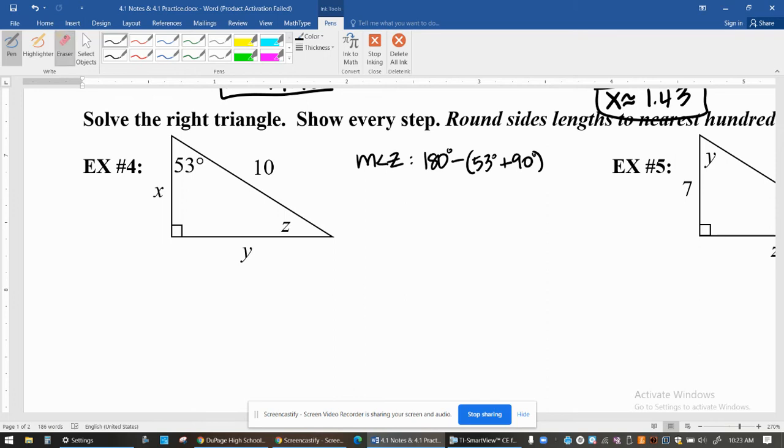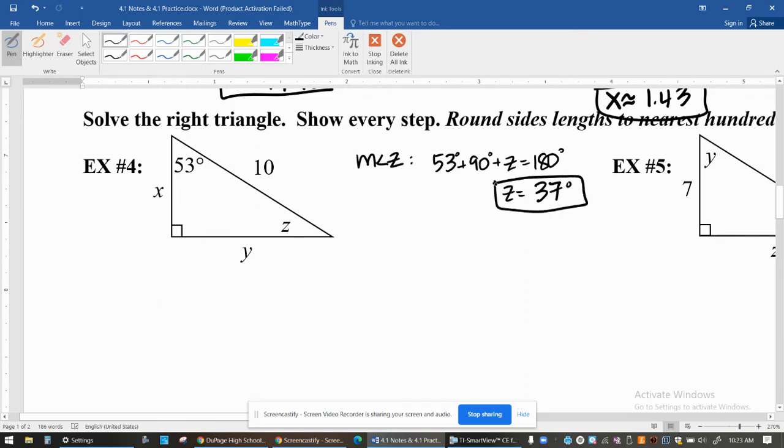You could also write it like this, guys: 53 plus 90 plus z equals 180. Add 53 plus 90 and then subtract from 180. Whatever makes more sense to you. All right, that's going to give me 37 degrees. So I have officially found z.